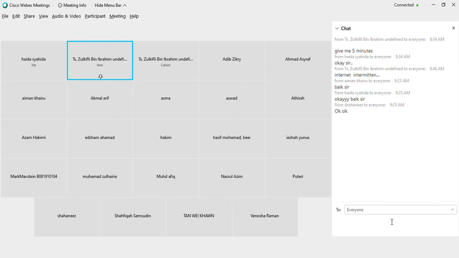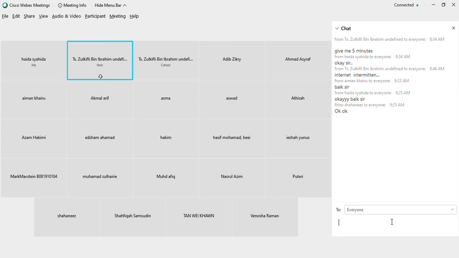So that's why jawapan dia banyak. You can answer on your own jawapan. So which method you want to answer bergantung pada awak lah. Dia konsep online ni kita tak boleh nak bagi spesifik punya soalan.